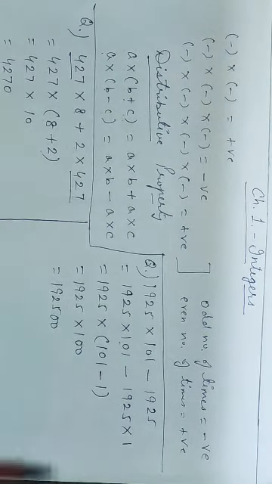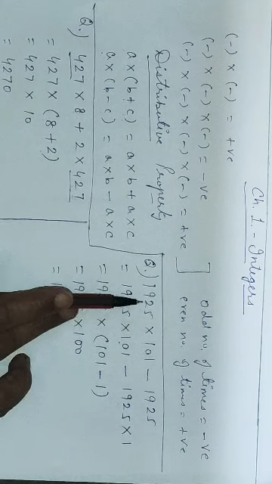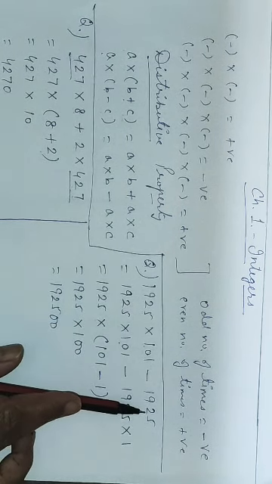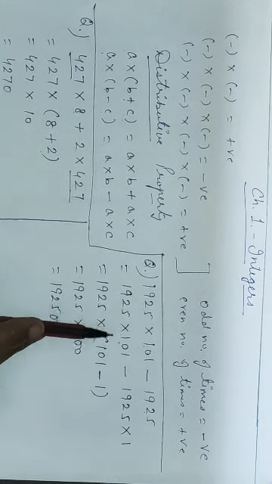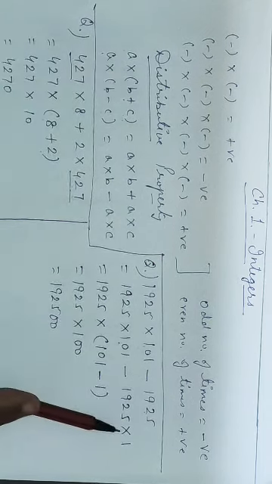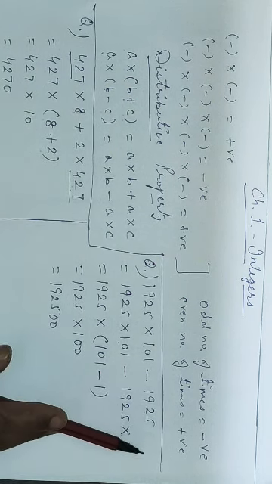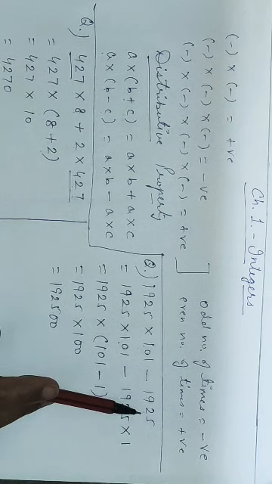If I am going to solve the question by BODMAS rule, then I have to multiply this number, then I have to subtract 1925 from here. This will make the calculations more tedious. So instead, if we use the distributive property, what I have done here, I have written 1925 into 1 because I am not having any number to multiply with 1925.